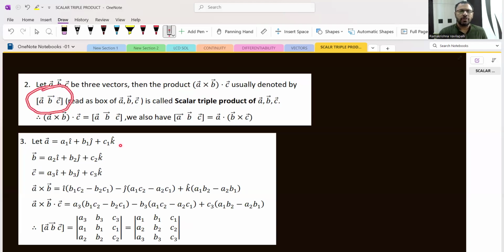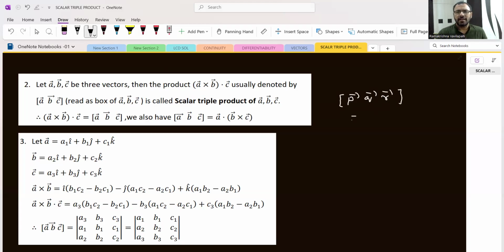So we have a new notation: box ABC is nothing but cross product of two consecutive vectors dot the third vector. Here you see that we have applied B cross C and after that taking dot. So, for example, what is box of P bar, Q bar, R bar?